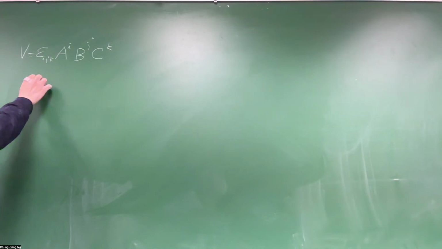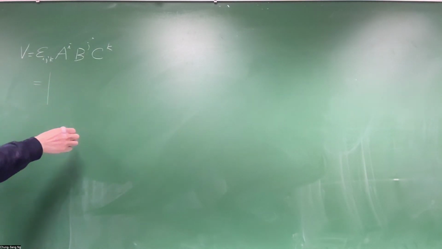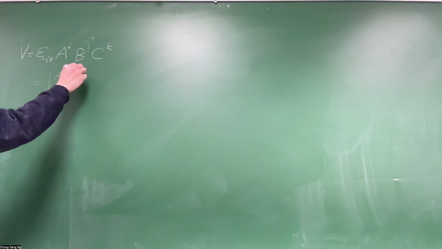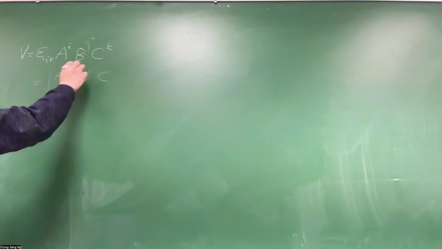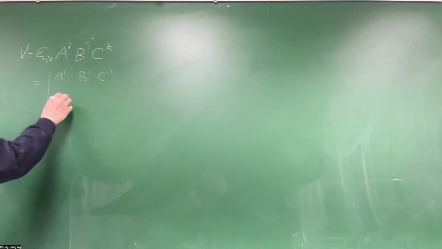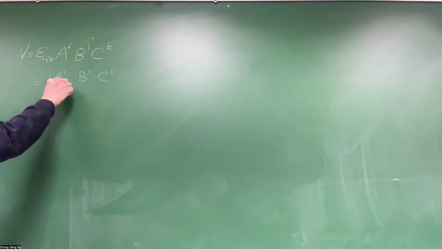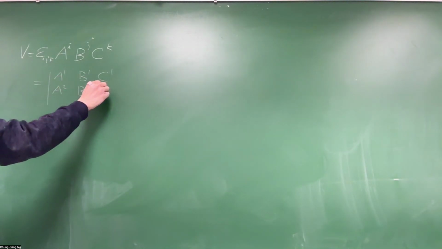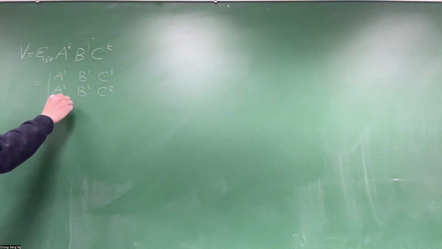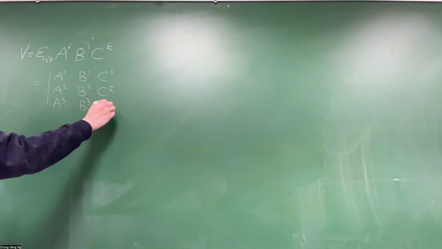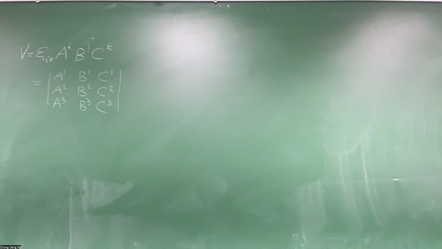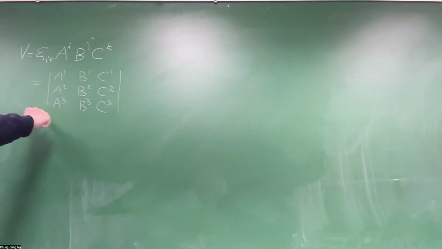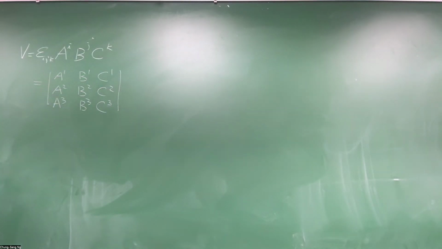Then you convince yourself that this is just the determinant of A, B, C. It doesn't matter whether you put it in columns or rows, because you can do a transpose and the determinant is the same.